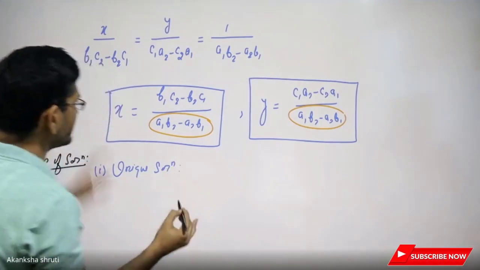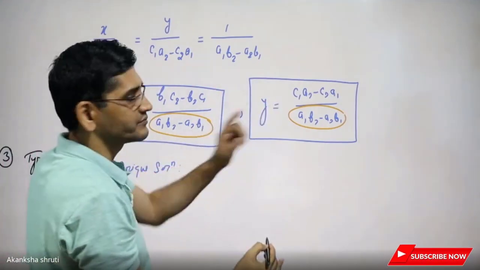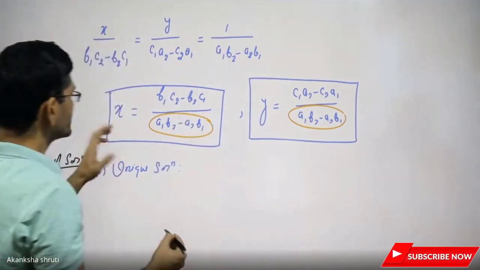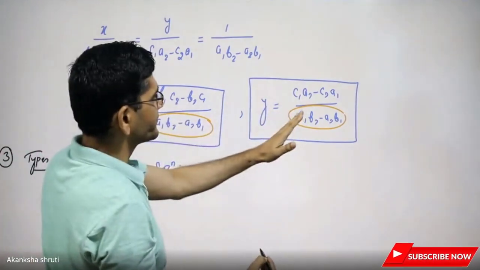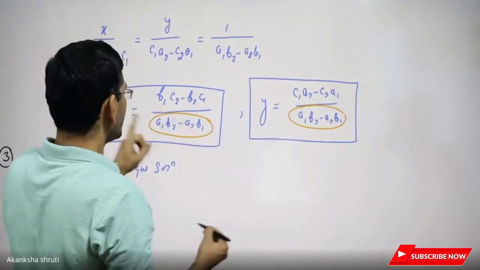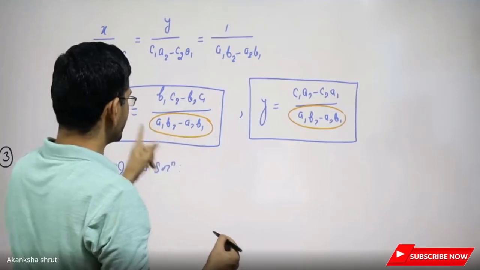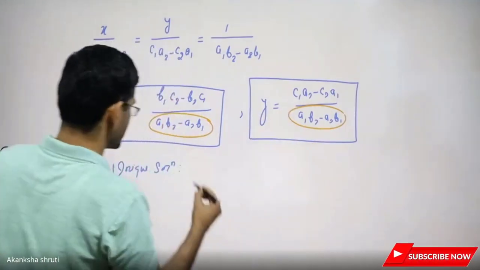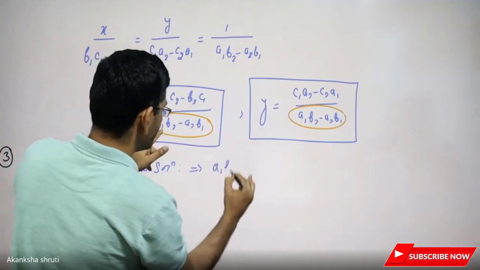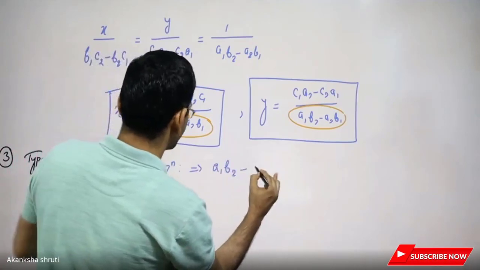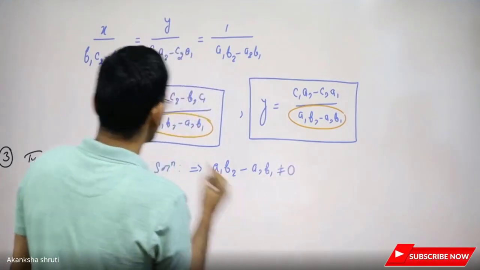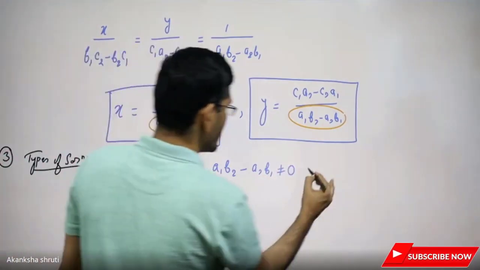Unique solution means x and y have a real value and only one pair, if and only if their denominator is not equal to 0. So this implies a1 b2 minus a2 b1 should not be equal to 0, so that the real value of x and y is possible.